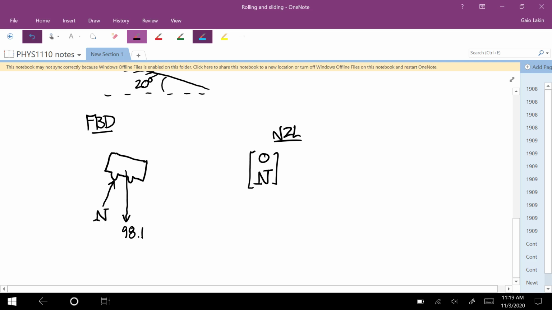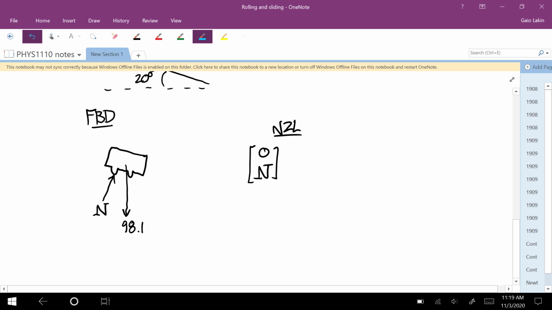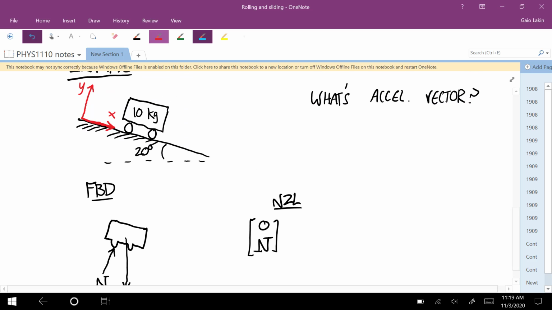That weight force, now if you think of our coordinate system at an angle, let me get this a little more accurate. Okay, so there's our coordinate system. And the weight force still goes straight down, so that looks like this.